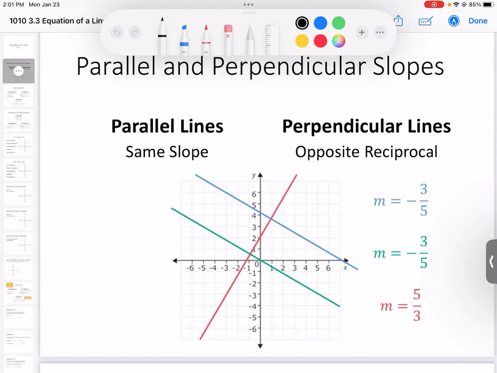Because 3/5 is a small number, which means the line is not very steep, but the perpendicular line has to be oppositely as steep. Since this is rather shallow, the perpendicular line is pretty steep. And so that's why you do the reciprocal. And then the opposite is just because this is a negative slope versus this is a positive one. So we talked about that last class.